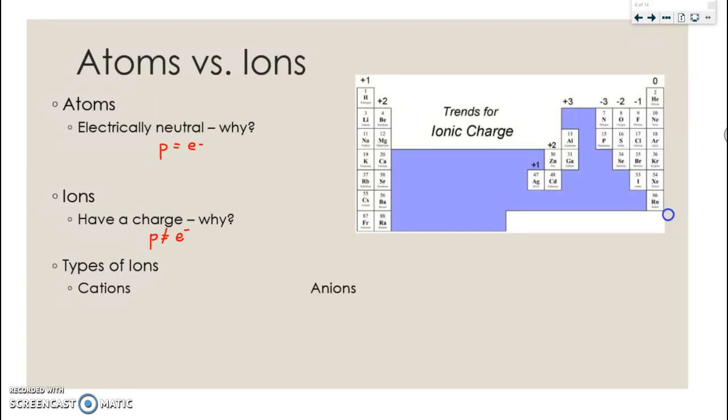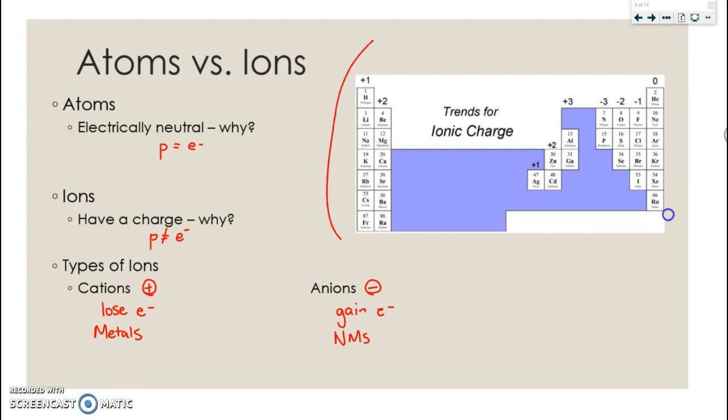We have a cation, which is things that are positive, and we have anions, which are things that are negative. Cations lose electrons, that's why they're positive. Anions gain electrons, that's why they're negative. Cations are metals, and our anions are our nonmetals.